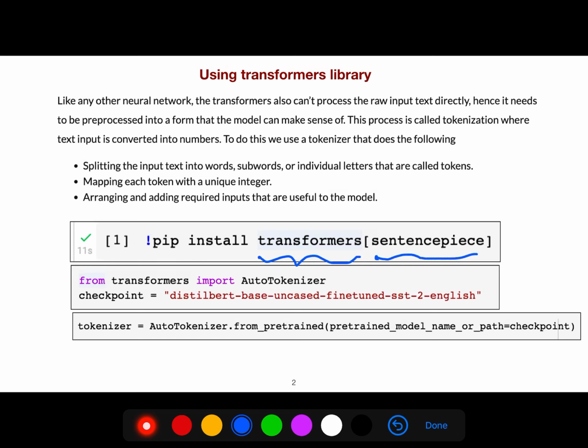And so as I said, like any other neural network, the transformers also can't process the raw input text directly. Hence, it needs to be pre-processed into a form that the model can make sense of. So this is tokenization, because the computer doesn't understand the words, so we tokenize it.